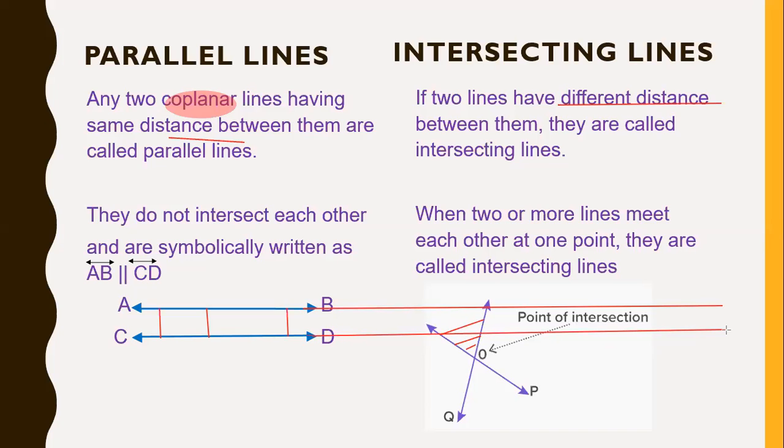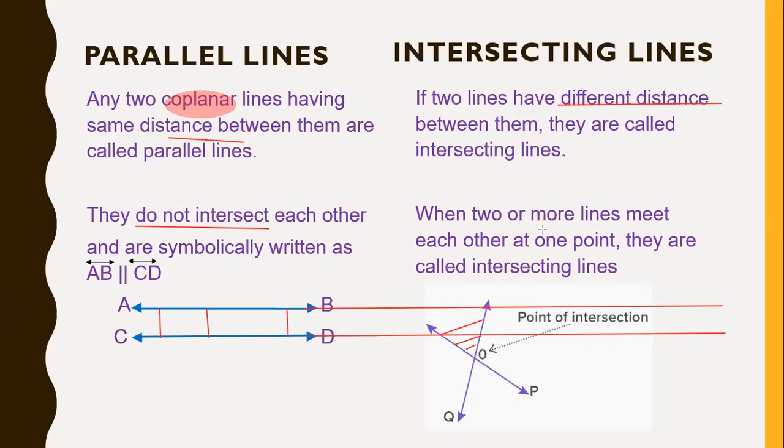If I extend CD, it will extend like this. Am I right? Can they intersect each other? No, they do not intersect each other. Am I right? Parallel lines do not intersect each other.